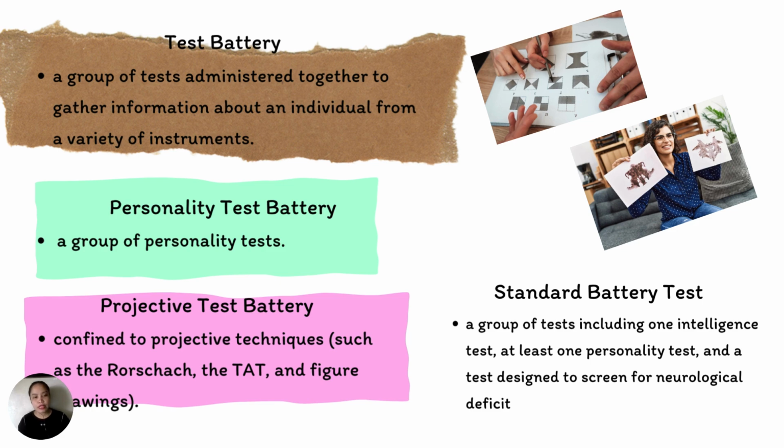The term projective test battery also refers to a group of personality tests, though this term is more specific because it additionally tells us that the battery is confined to projective techniques such as the Rorschach, the TAT, and figure drawings. Now, standard battery refers to a group of tests including at least one intelligence test, at least one personality test, and a test designed to screen for neurological deficits.